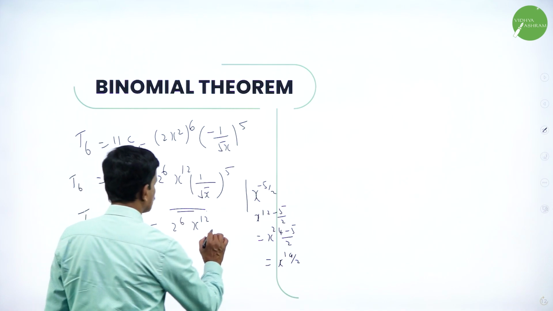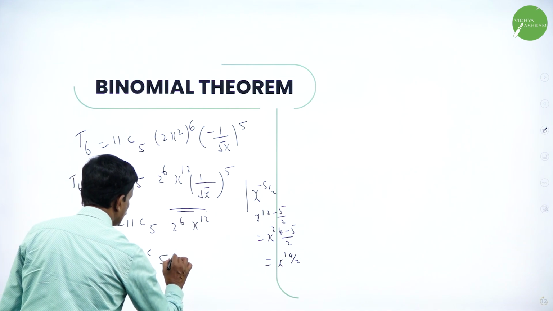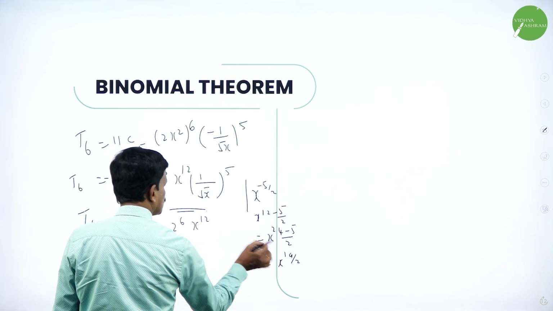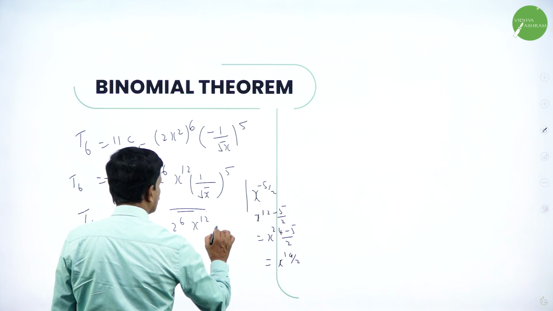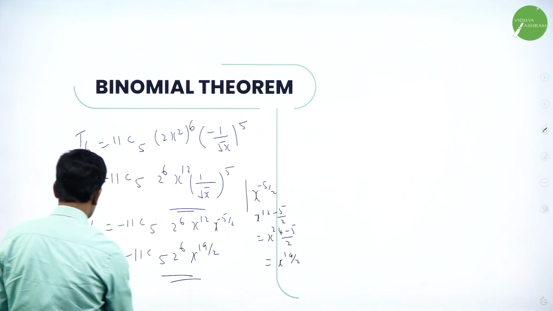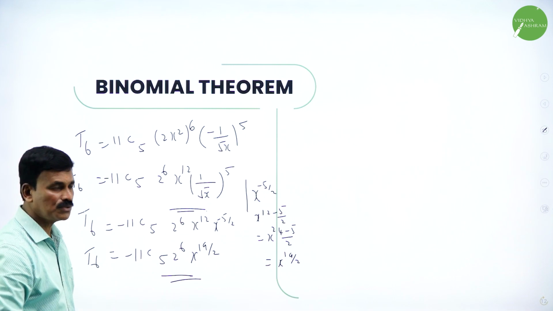So this is −11C5 2^6 x^(19/2). This is the sixth term. If you want, you can stop here itself, or follow further simplification.